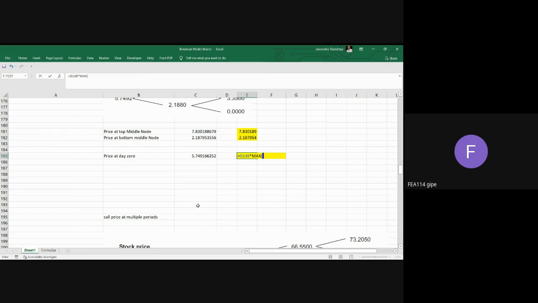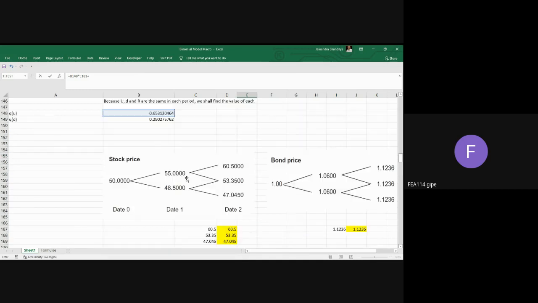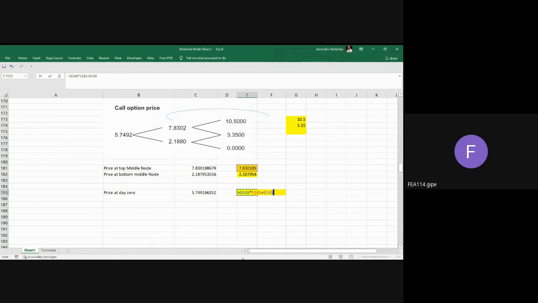Just write this value, because then you'll need to know the whole value, plus QD, which is this one, into, and then you get the value.